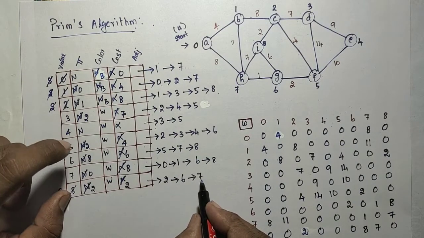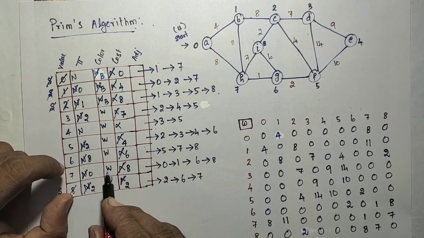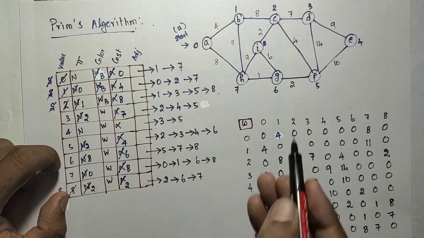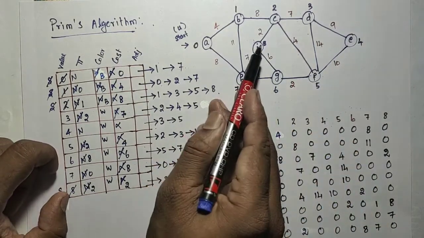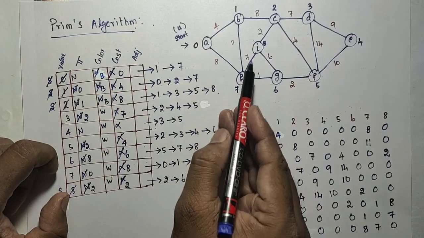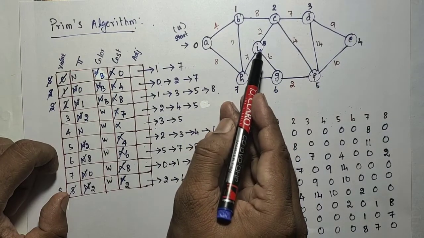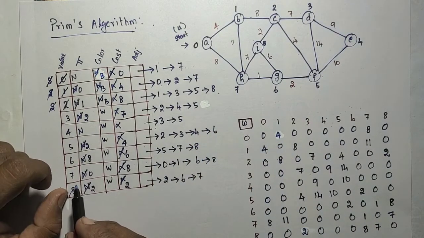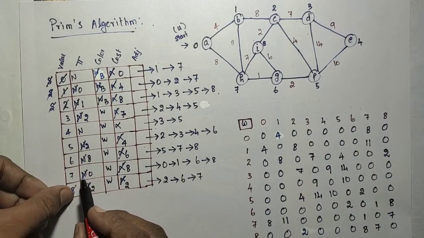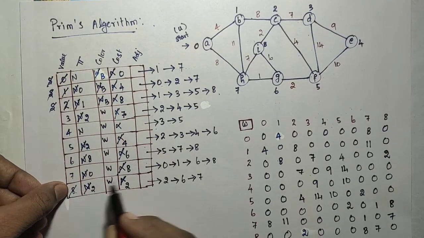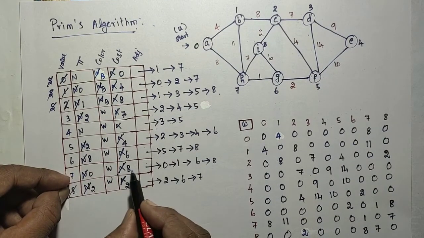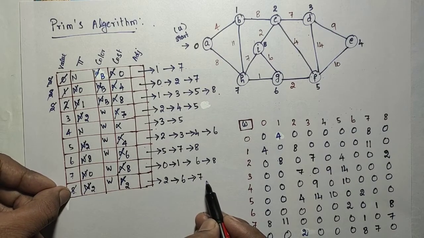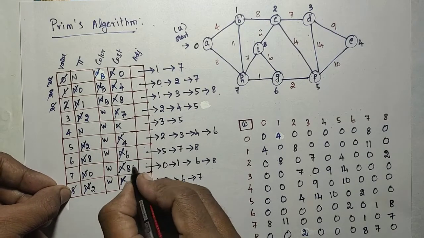Next 7. The 7th node is not visited. It is updated but it is not visited. So just check 8 to 7. The cost is 7. So check the existing 7th node cost. The existing node cost is 8, but the new cost 8 to 7 is 7. It is less than the existing cost, so I need that updation.